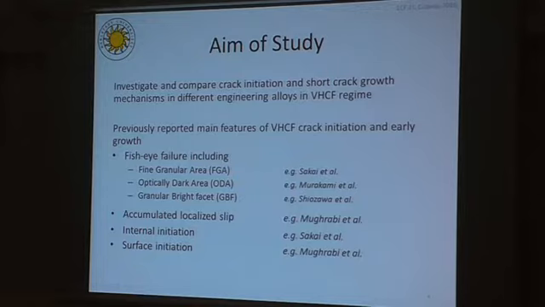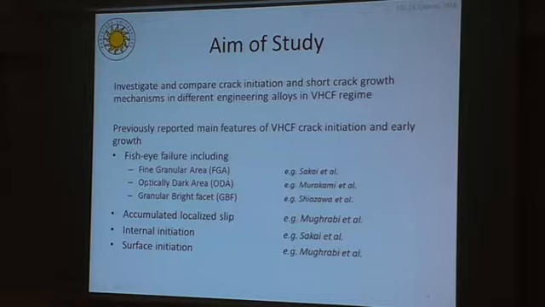For instance, fisheye failure, which occurs around internal inclusion-induced fractures, and the different mechanisms for the formation of a rough area around the inclusions during very high cycle fatigue have been discussed by several research groups.